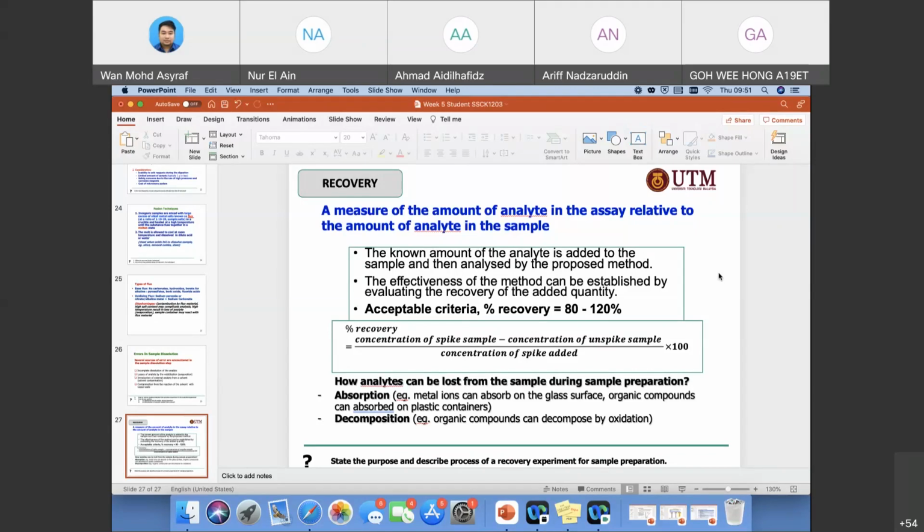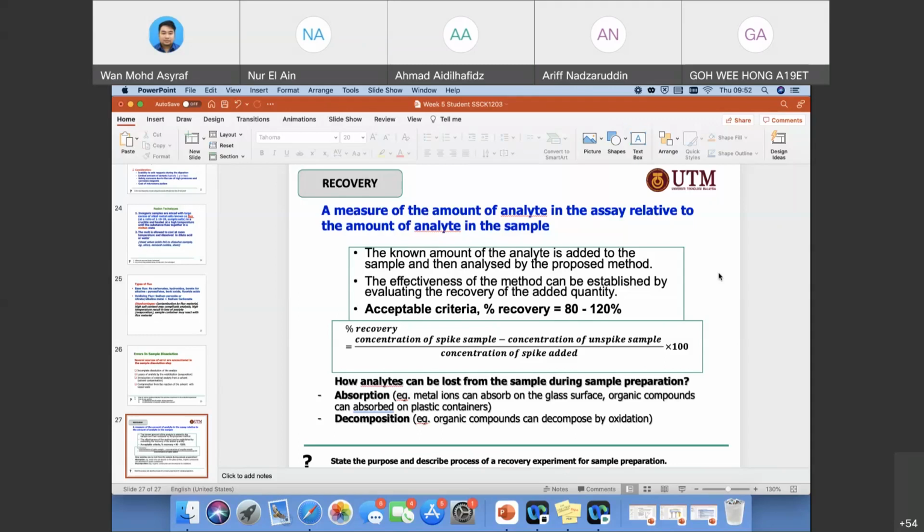This is going to be explained much better in the validation lecture, because after this we are going to look at the standard addition method, where you will learn about the spiking of the sample. I need to show you the graph as well.